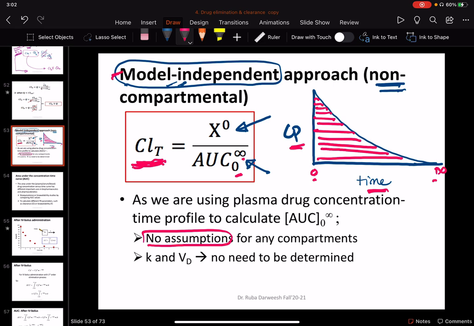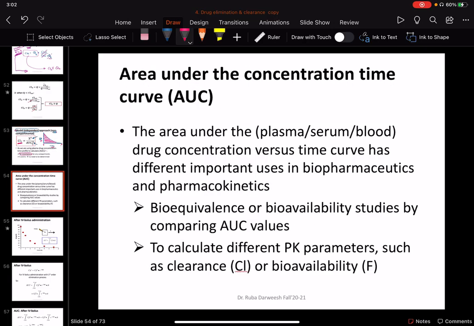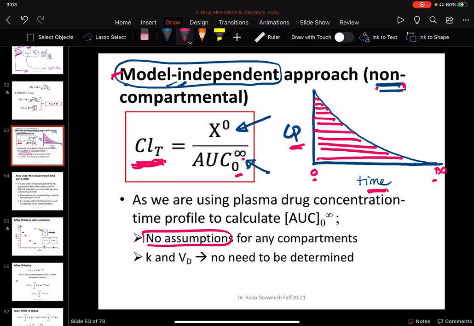That's why we call it model independent or non-compartmental definition of the clearance. So now we will talk about the way to determine area under the curve. Before, I just told you to keep it as simple as we can: determine the clearance from knowing the dose and total area under the curve.